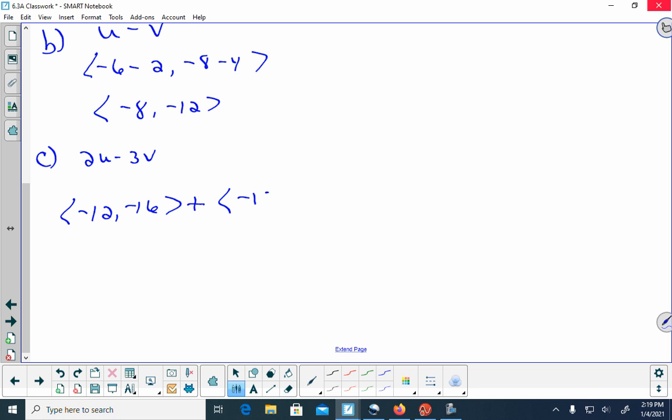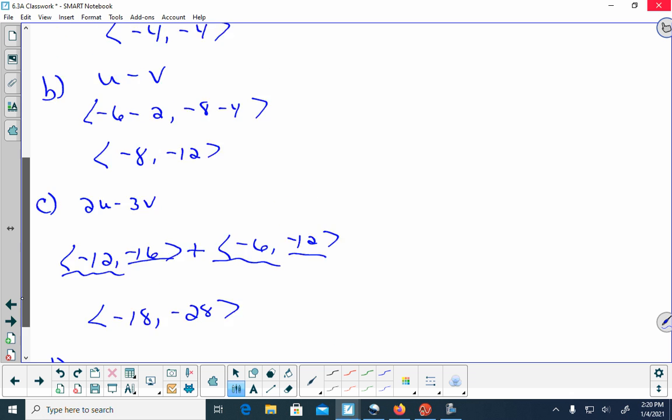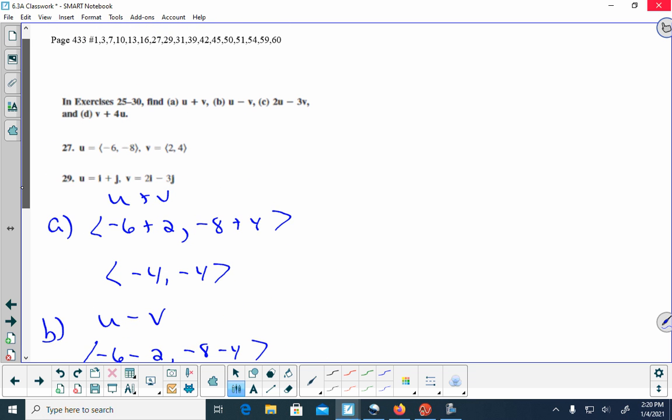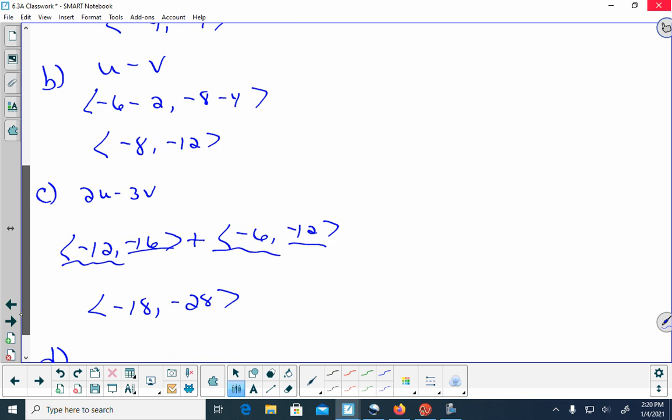This becomes negative 6, and then negative 12. When I add those, negative 12 plus negative 6 is negative 18, and negative 16 plus negative 12 is negative 28. And that's my final. I really don't like the way I did that one, so I'm probably not going to do it again.